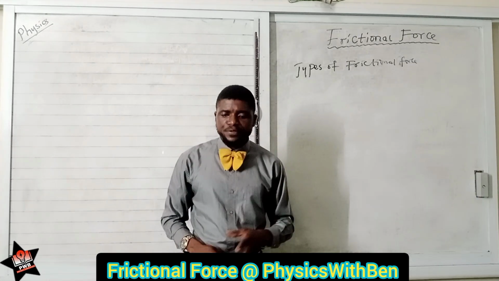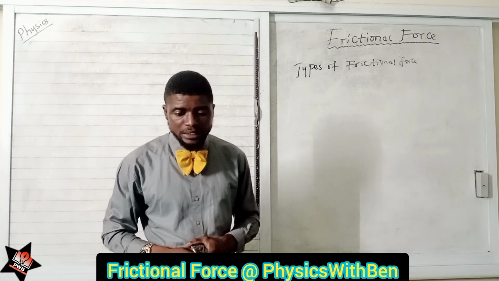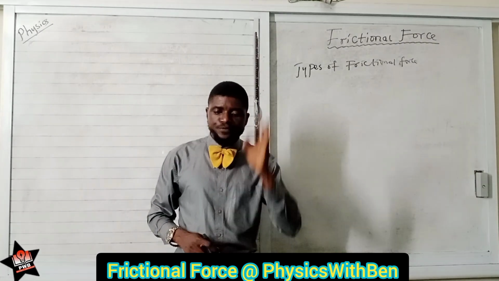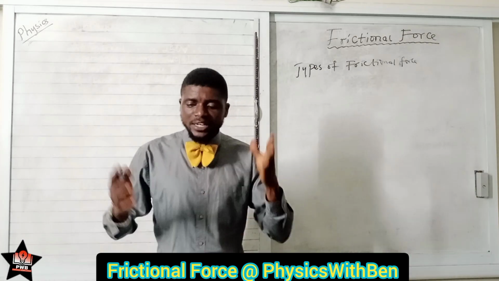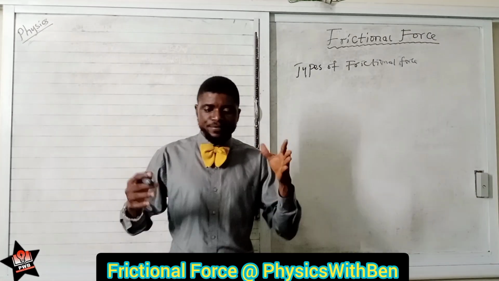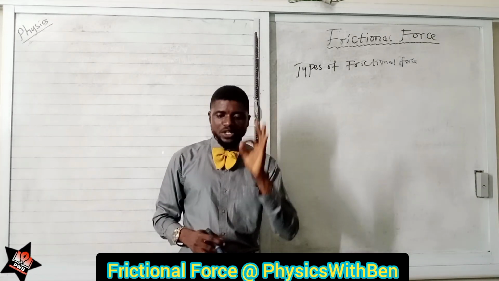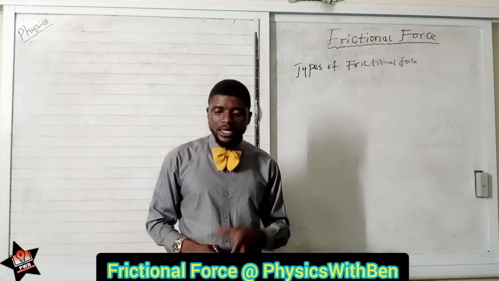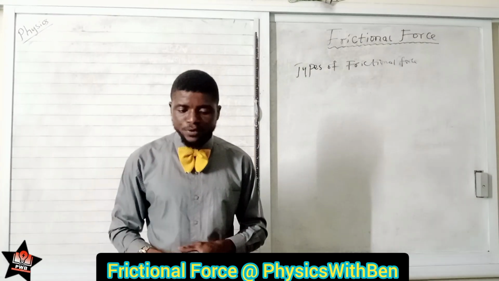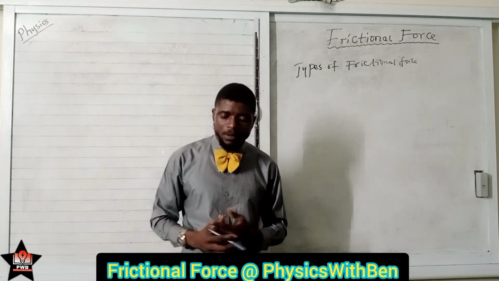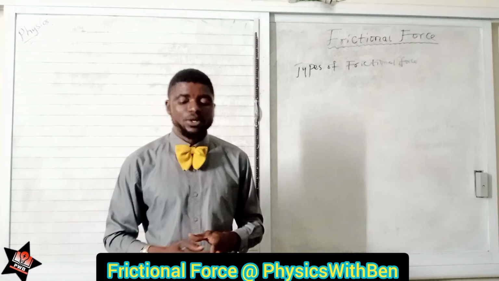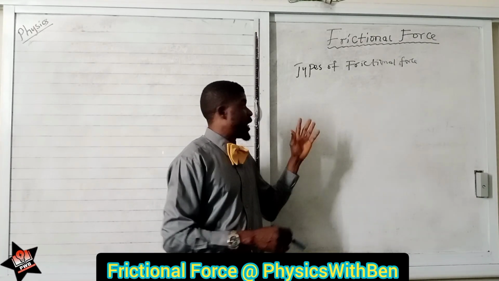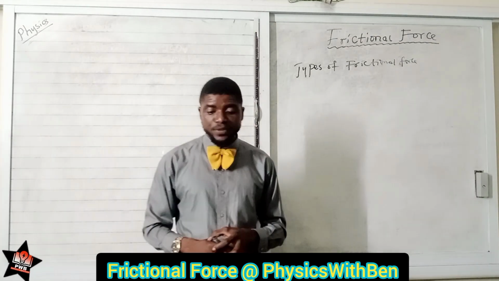The static friction or limiting friction is the frictional force that exists between two surfaces relatively at rest and preventing the motion of one surface over the other. It is also the maximum force that must be overcome before a body can just start to move over another body.